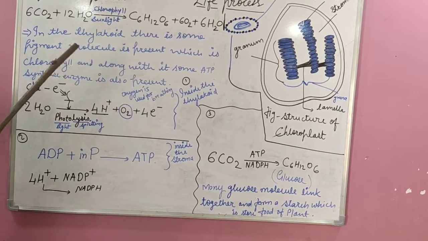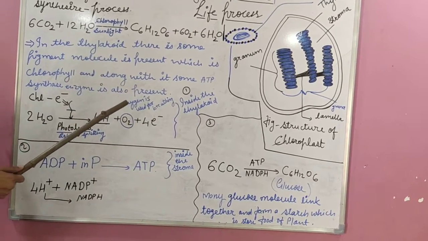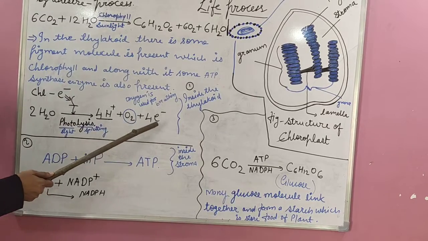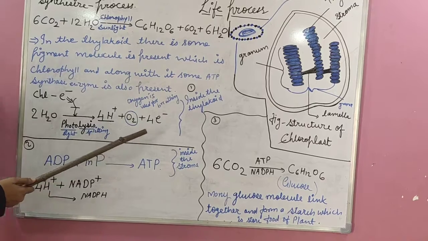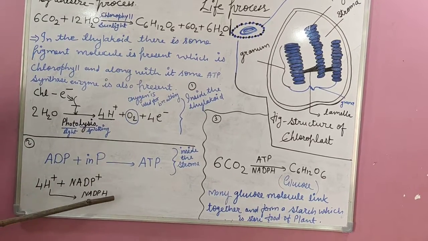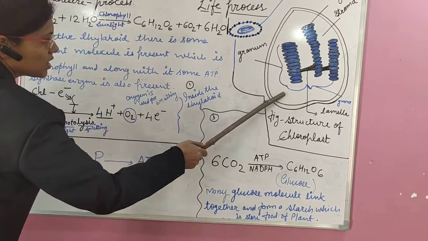And continuously, when inside the thylakoid lumen it is more and more accumulated, all the area of the thylakoid lumen with these electrons, it started releasing these electrons and protons inside the stroma. Here exactly I am talking about this place.